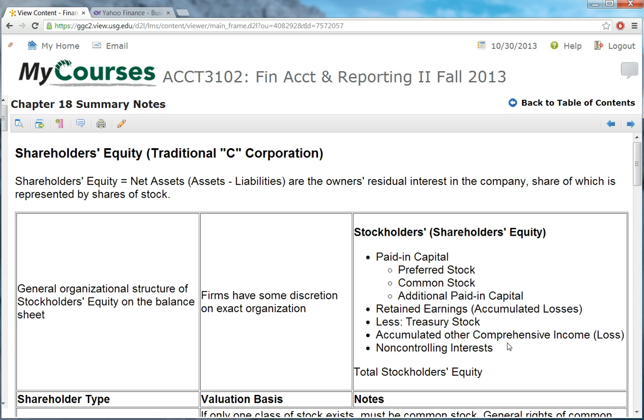And then there are other comprehensive income items, gains and losses that a company can experience that the FASB has decided are not necessary to recognize on the current year's income statement, but nevertheless have an impact on shareholders' equity. A lot of those relate to, for example, certain foreign currency exchange gains and losses and those kinds of things.